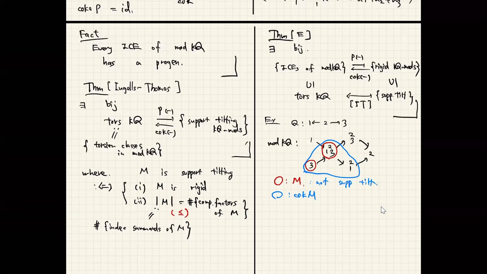And actually, this subcategory is an ice-closed subcategory, but it's a wide subcategory in this case. So for the path algebra case, there is a very nice bijection between ice-closed subcategories and rigid modules.